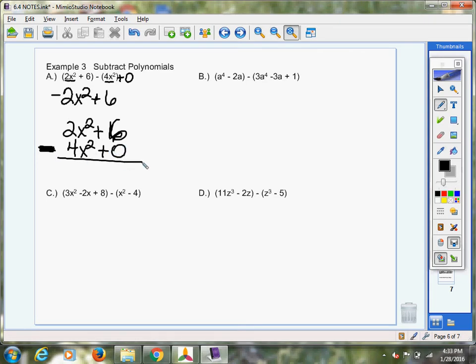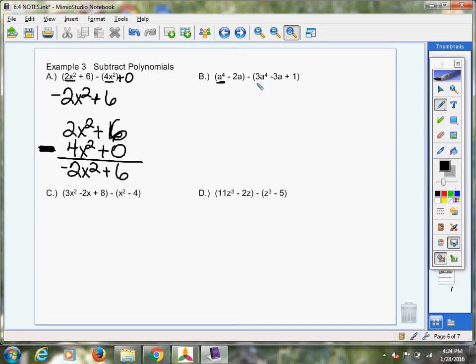Okay, so do what it says. 2 minus 4 is negative 2x squared. 6 minus 0 is positive 6. I think if you take care of your signs, you're going to be okay with this. All right, let's take a look at letter B.